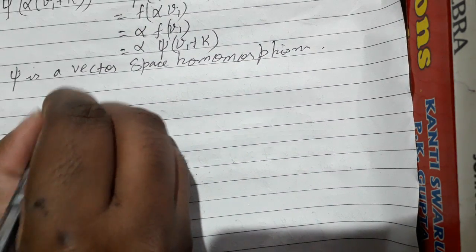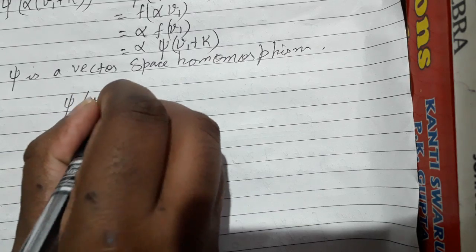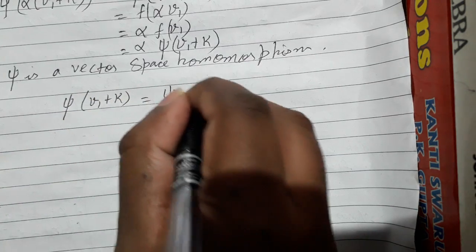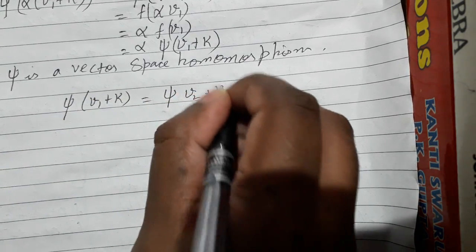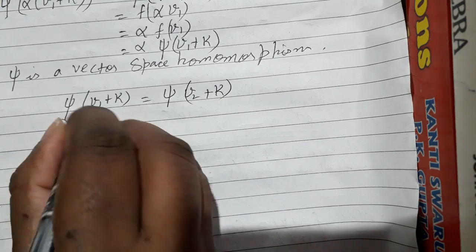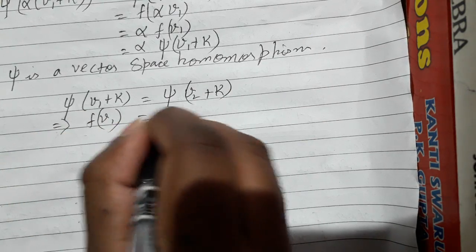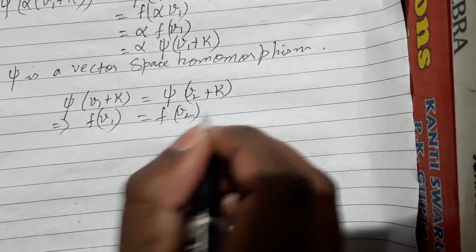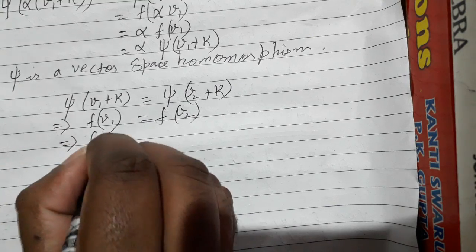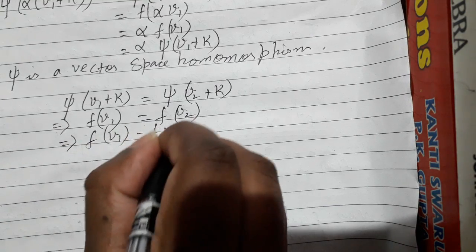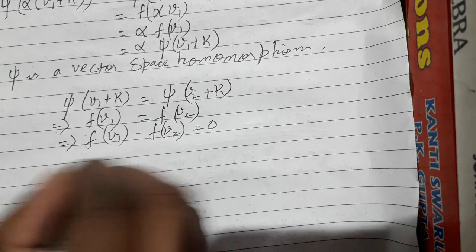So I'll take two elements with psi of (v1 + K) equal to psi of (v2 + K). By definition of psi, this is f of v1 equal to f of v2. Now this can be written as f of v1 minus f of v2 equal to 0.